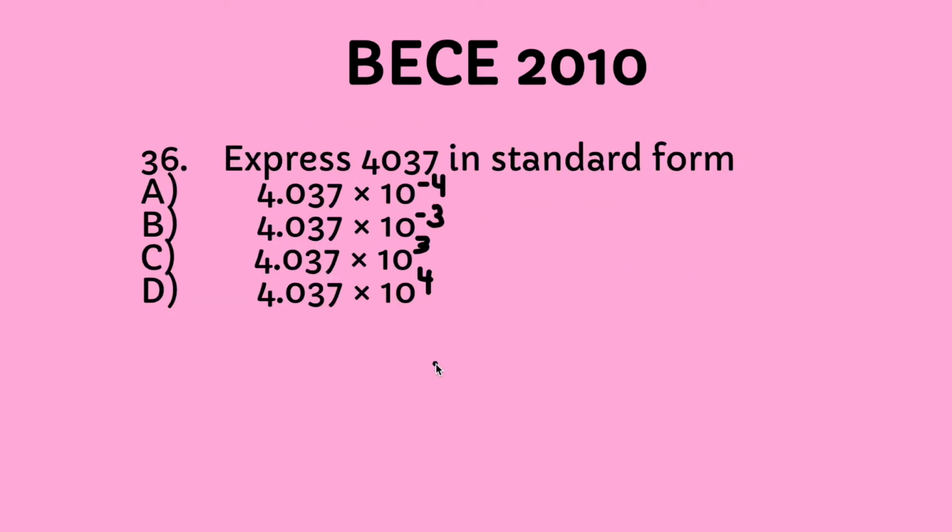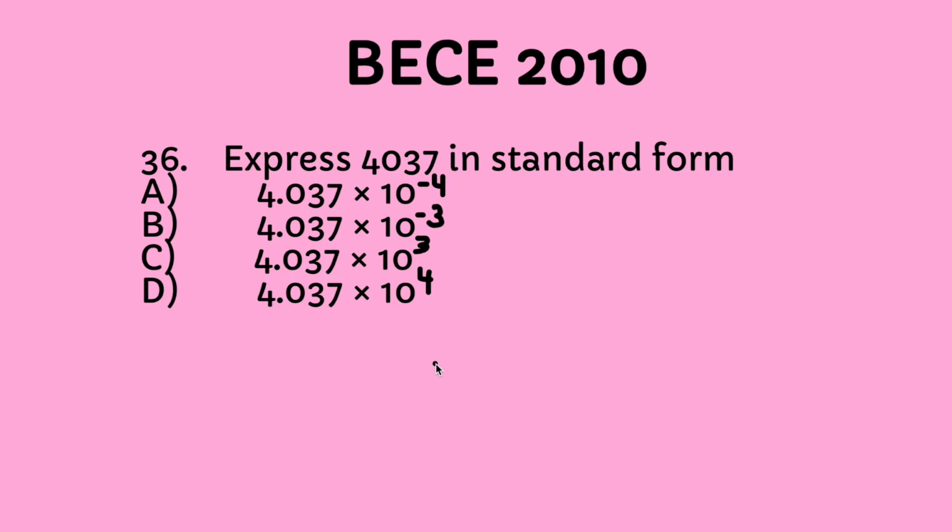For question 36, we have to express 4037 in standard form. Now, standard form is actually a way of writing very small and larger numbers more easily. When you are solving with standard form, sometimes in division or in multiplication, you would understand how helpful they are. They are extremely helpful, but that's just on the side.